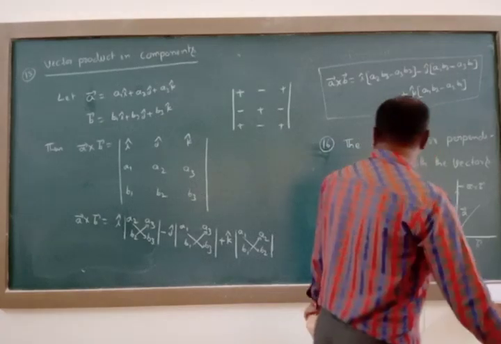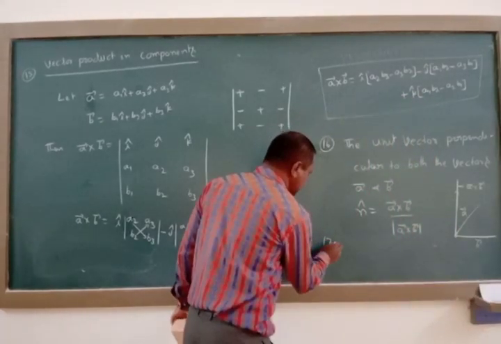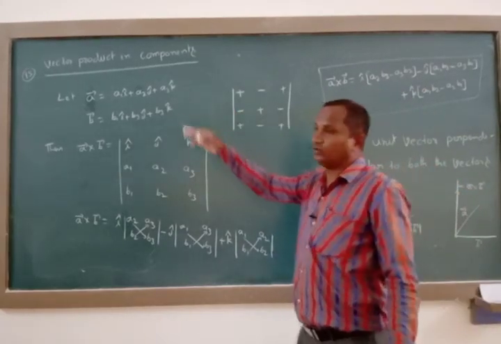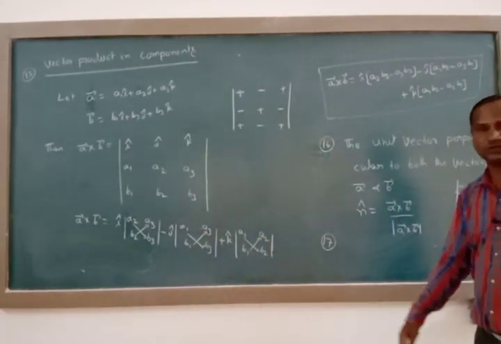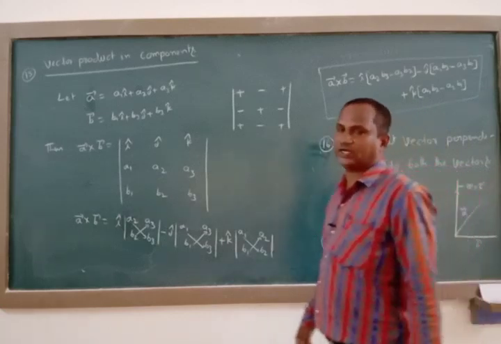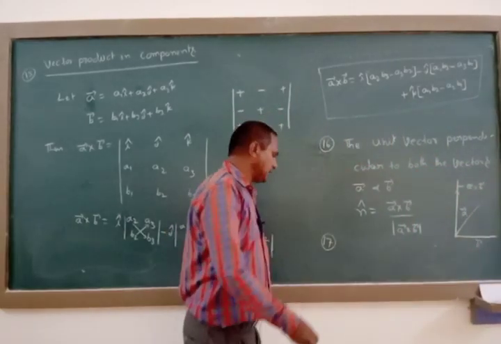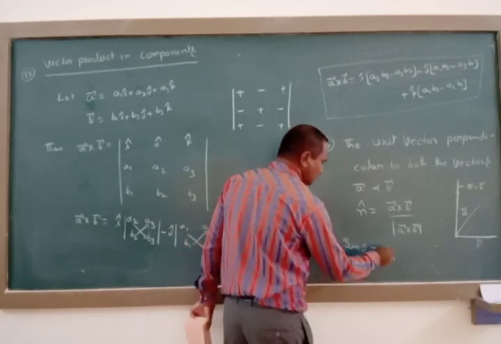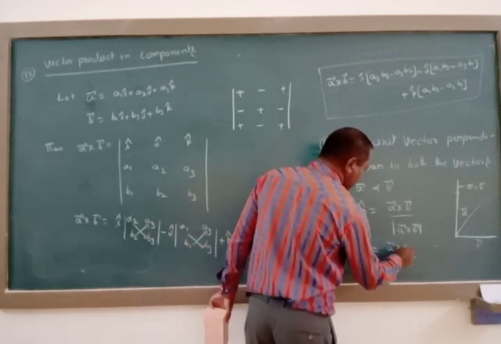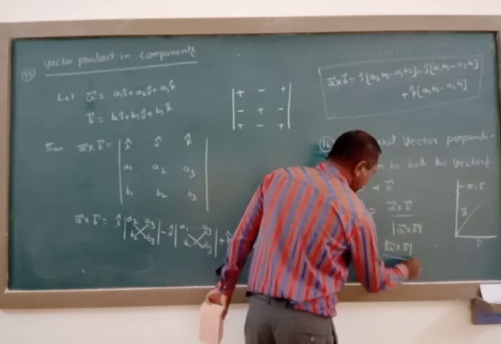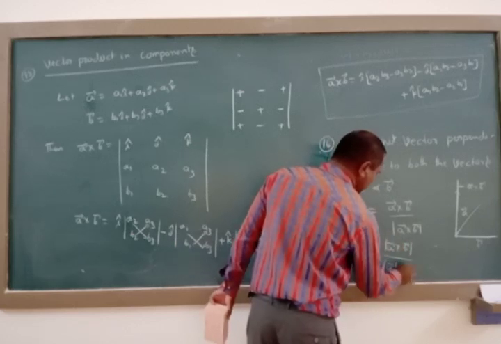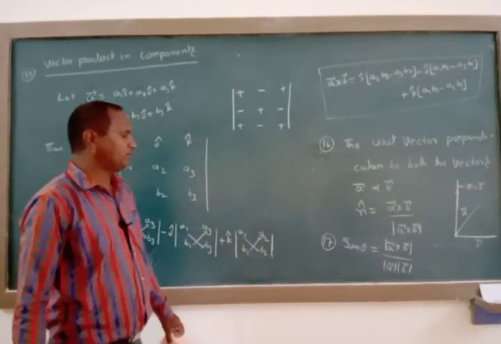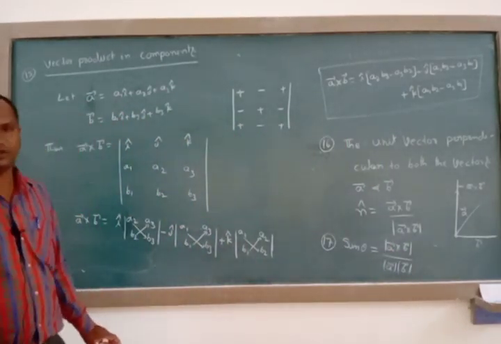Sine of the angle between the two vectors: by applying that condition, magnitude of a bar cross b bar is equal to magnitude of a bar into magnitude of b bar into sine theta. Then sine of the angle between the two vectors is given by sine theta is equal to magnitude of a bar cross b bar whole divided by magnitude of a bar into magnitude of b bar. When they mention to find the sine of the angle between the two vectors, we use this.